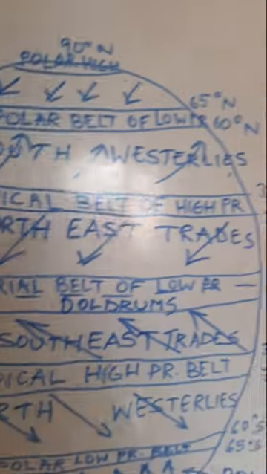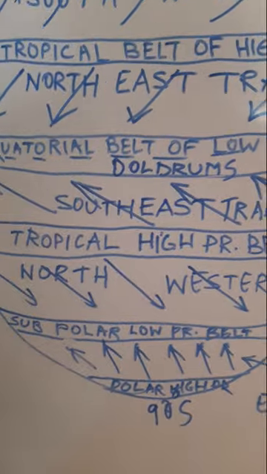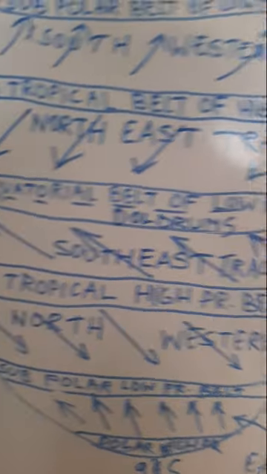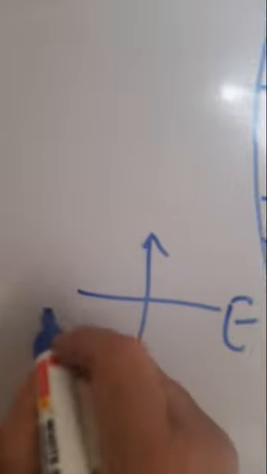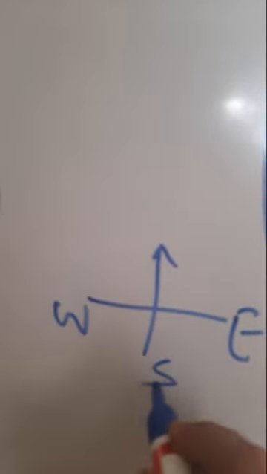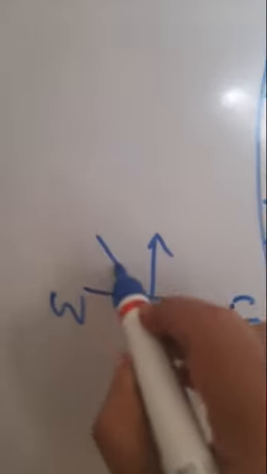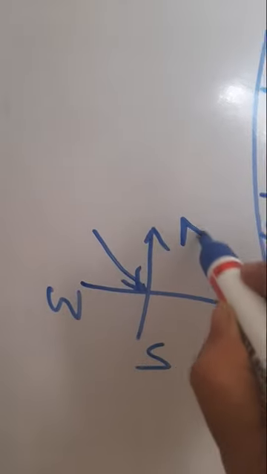In the southern hemisphere, children, if you see, I have written northwesterlies. Again here, if I draw a north line, children, you will find this is east, this is west, this is south. The wind is blowing from this direction. This is north.